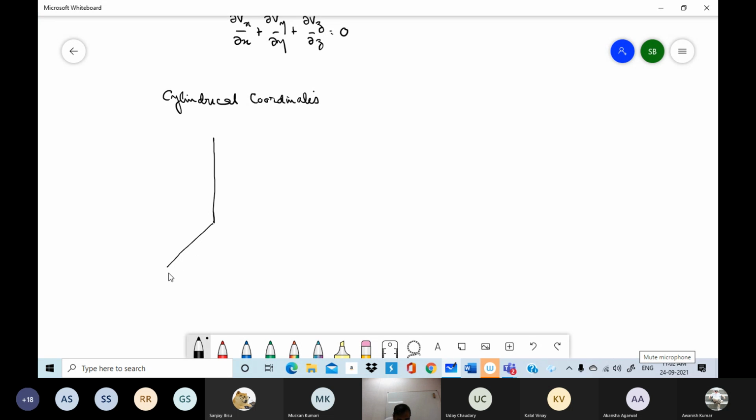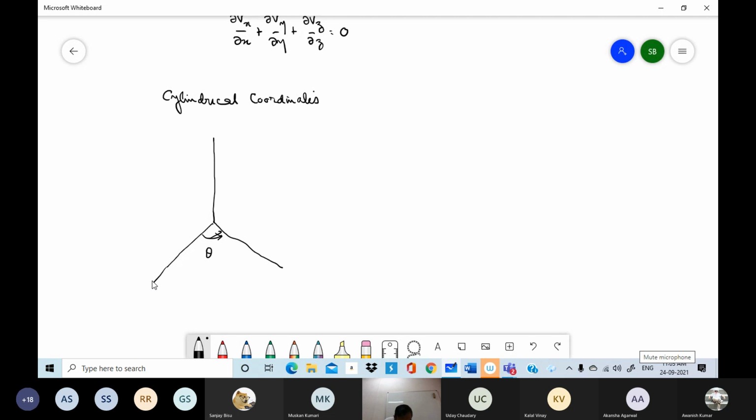Okay, so if this is the x-axis and this is the z-axis, then typically in cylindrical coordinates, we replace the x and y coordinates by r and theta. So we take polar coordinates in x and y. So that would look something like this.